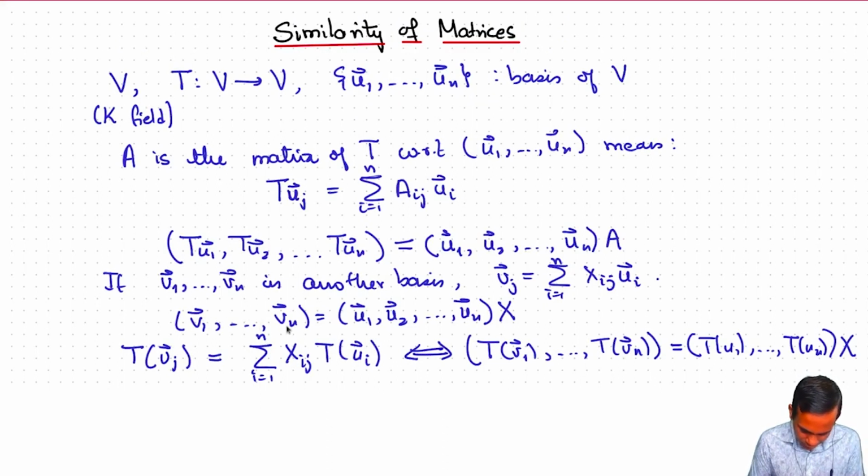We've seen that (v1, ..., vn) is (u1, ..., un) times X. So we can invert this and write that (u1, ..., un) is (v1, ..., vn) times X inverse.